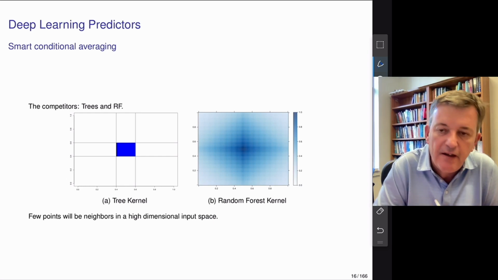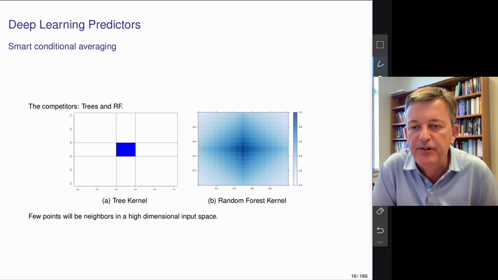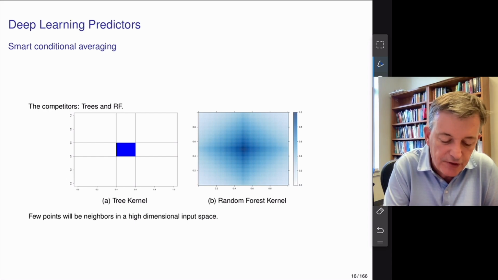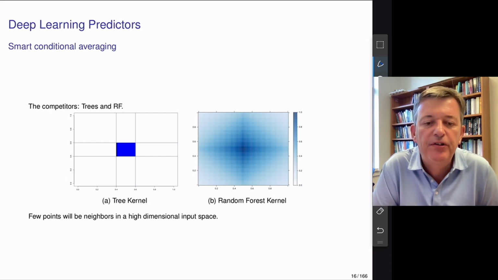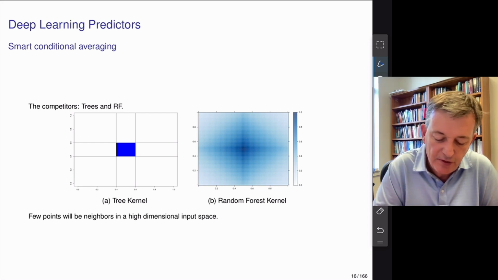And I'll look in here and I'll say, okay, what are my output variables in this square? And I'll do something simple like an average or something like a simple regression inside a square. So you can think of a tree model as essentially finding cylinder sets, and you can think of random forest as essentially doing a blurred version.